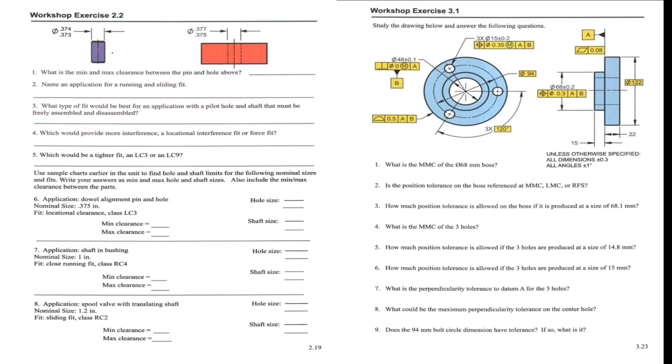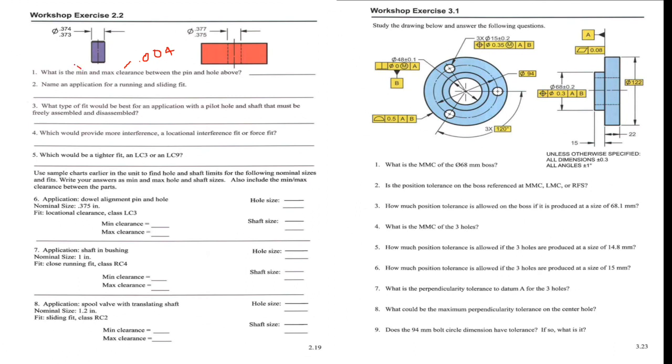And here, what is the maximum and the minimum clearance between the pin and hole? Maximum clearance would be the maximum size of the hole and the smaller size of the pin. 0.377 minus 0.373, so it would be 0.004.